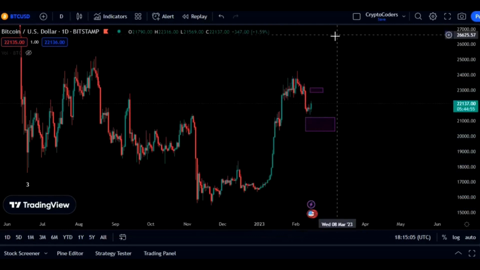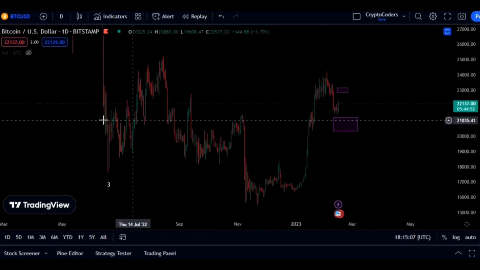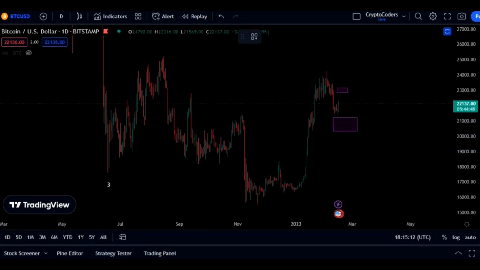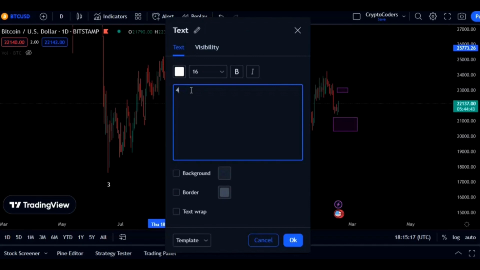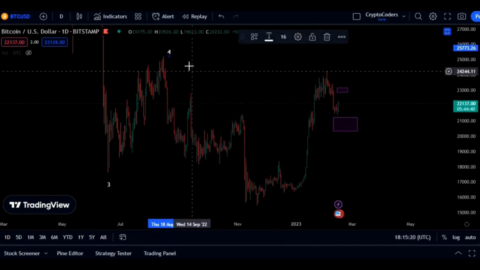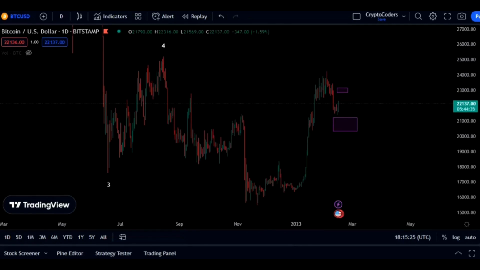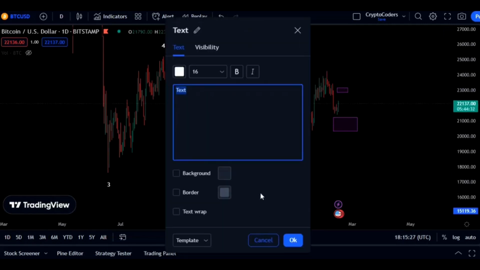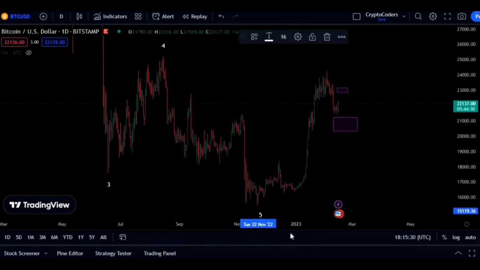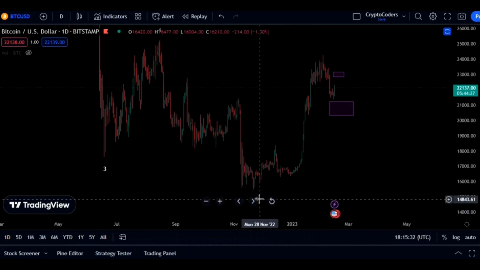Now let's go to our bullish scenario. Bullish scenario would entail that this was a 3. This would be our wave 4 up, and this here would be the bottom for Bitcoin.